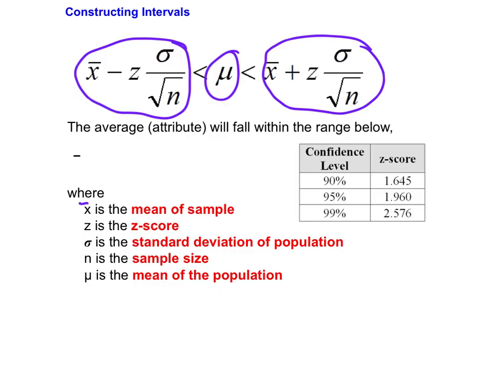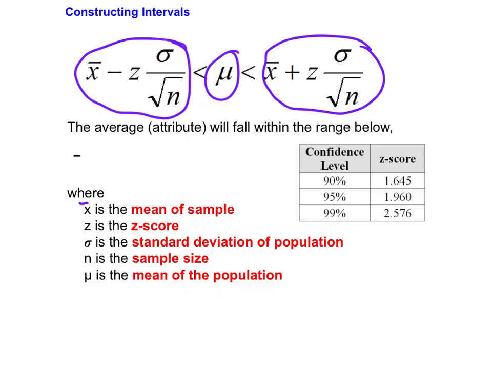Z is the Z score. Sigma is your standard deviation for the population. So remember, we don't necessarily have the standard deviation for the sample. We're going to use it divided by the square root of the sample size, which is going to give us our sample standard deviation. And mu is the mean of the population.